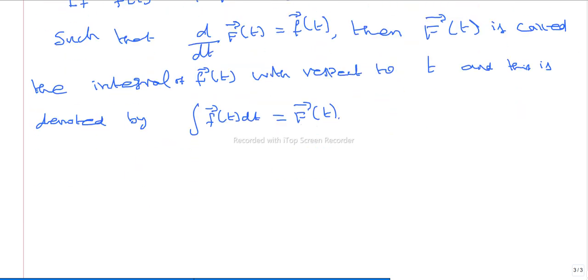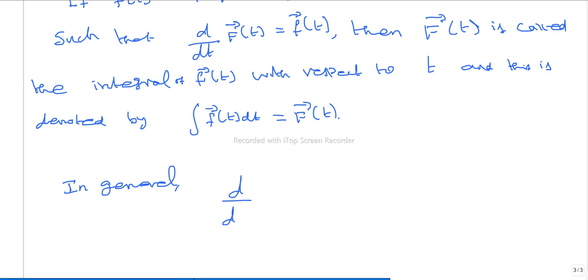So in general, even if you add a constant, because the derivative of this constant is 0, the derivative of capital F of t plus c is still small f of t.